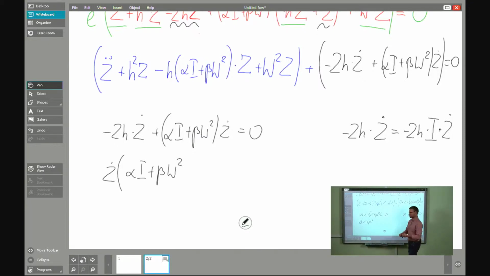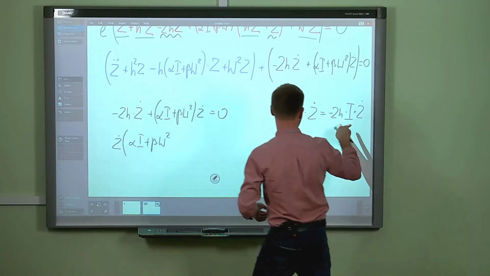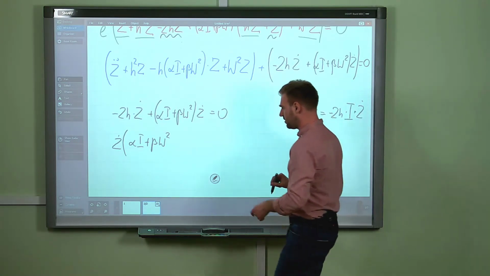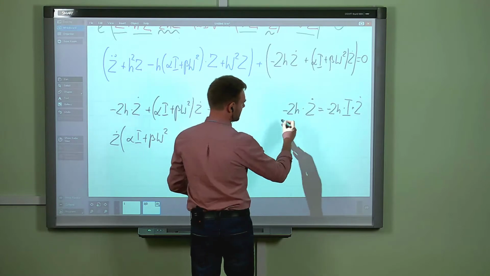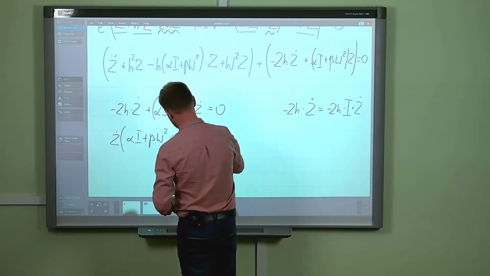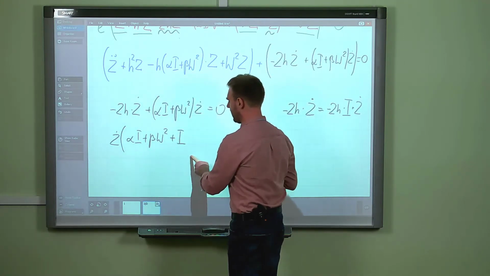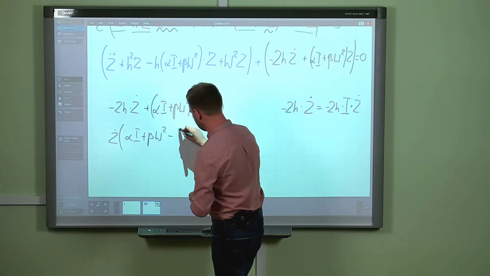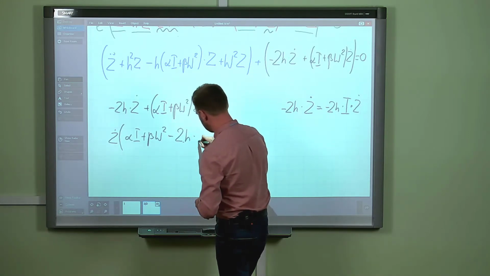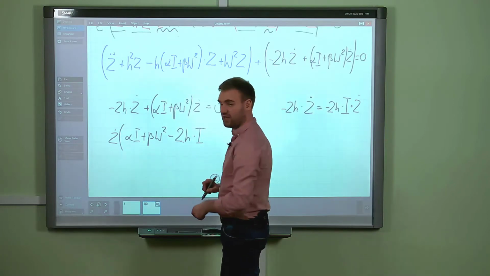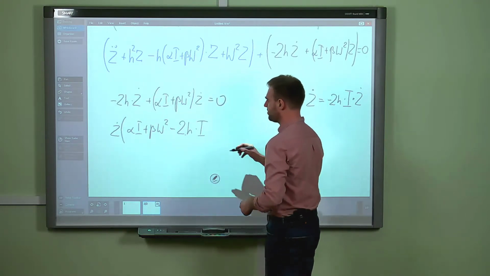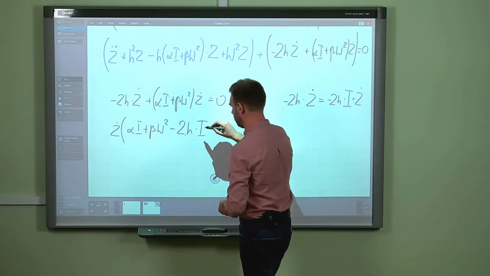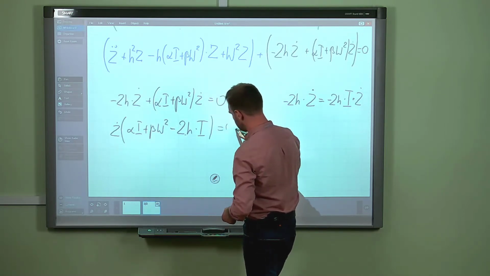I mean, if we are taking the common factor, we have to use that formula. We know that the unit matrix is an invariant of the product in the matrix algebra, that it means that it's exactly the same. That is why I will add that thing, and here we have, maybe in that form, minus 2h times I. Exactly the same unit matrix which was considered here, or which is visible here. Okay, and it's 0.